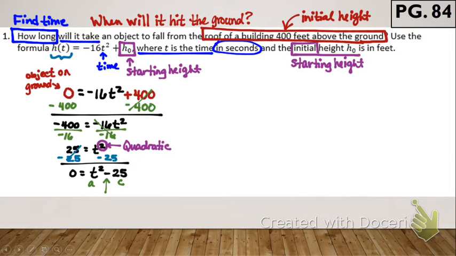Subtraction. Does anybody remember what kind of special situation we call it when I have just A and C and it's subtraction in between them? Give me a key word for subtraction that starts with the letter D. Difference. This is a difference of? Perfect squares. Yes.